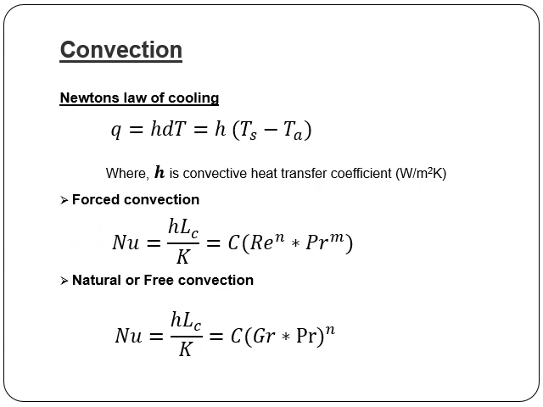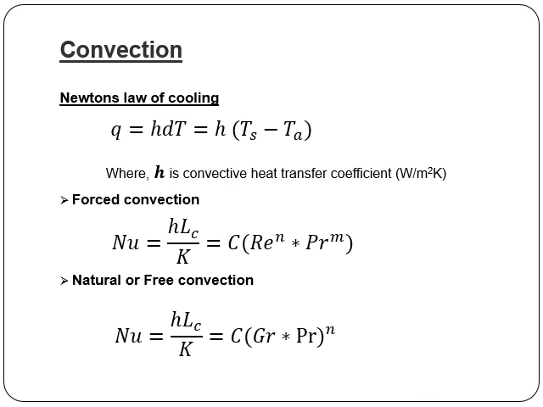So what is convection? As I told you, it is the mode of heat transfer in which we see appreciable movement of the molecules. And when these molecules move from one region, that is hot region, to cold region, or from cold region to hot region, they will exchange heat by colliding with each other.